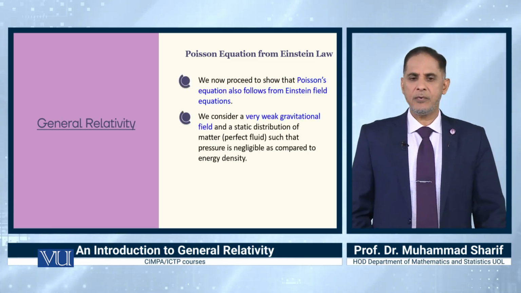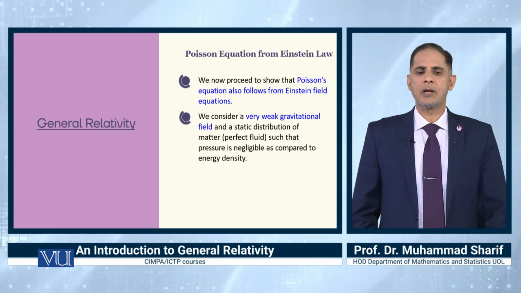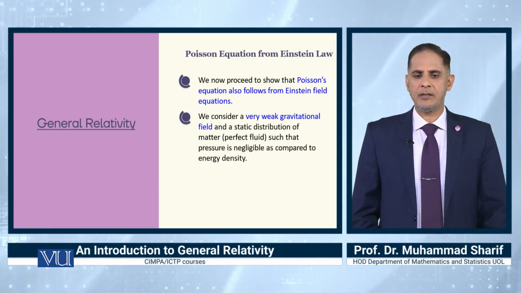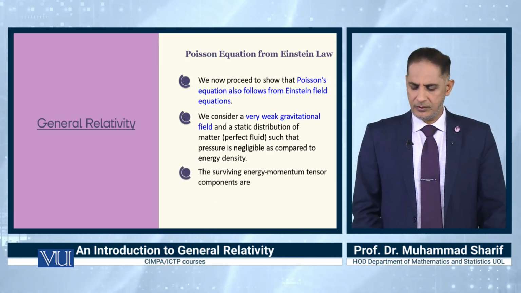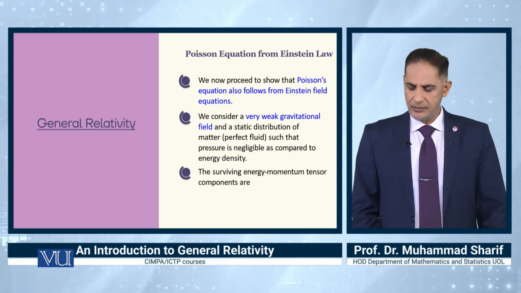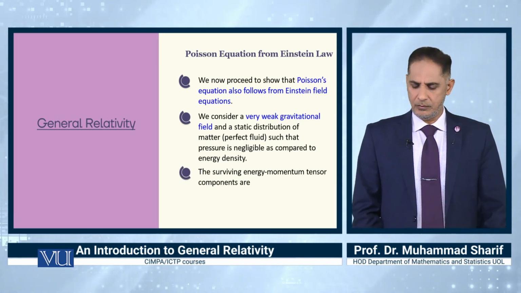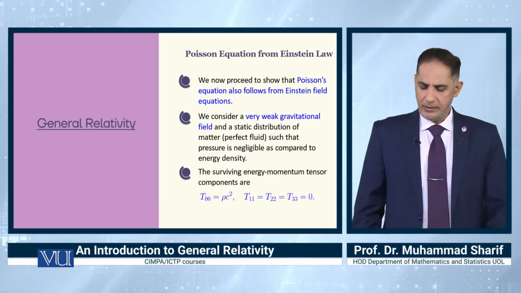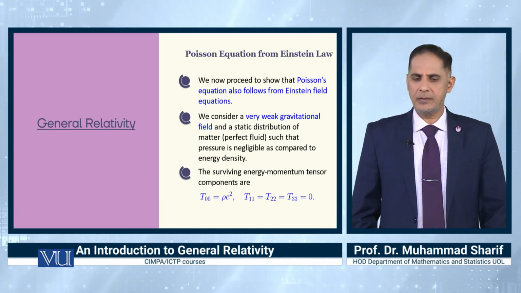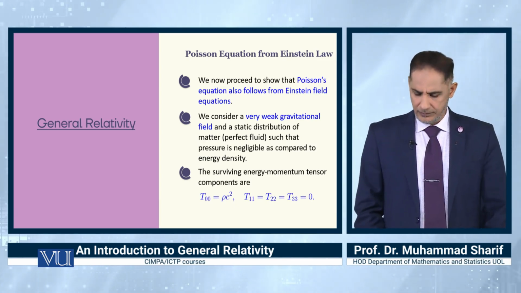So, we consider a very weak gravitational field and static distribution of matter such that the pressure is negligible as compared to energy density. In this case, the non-zero component of the energy momentum tensor is T00 equal to rho c square, while the rest of the components are 0.